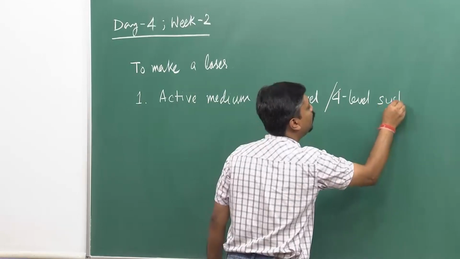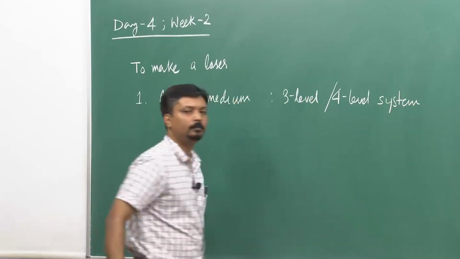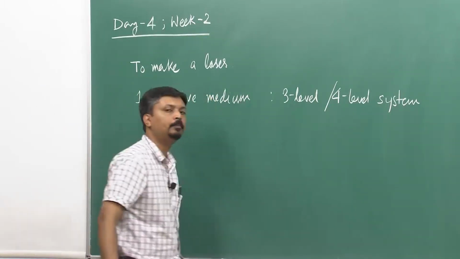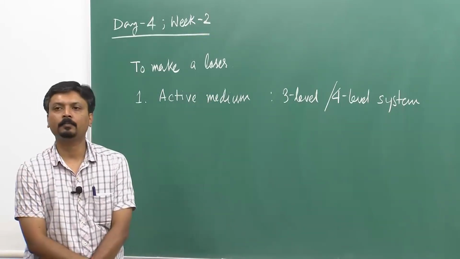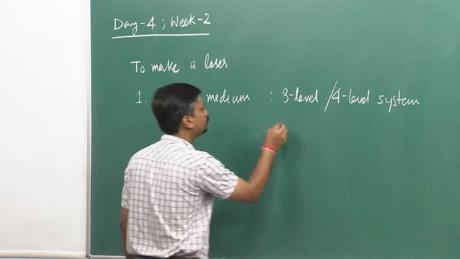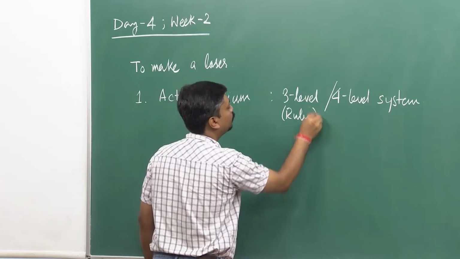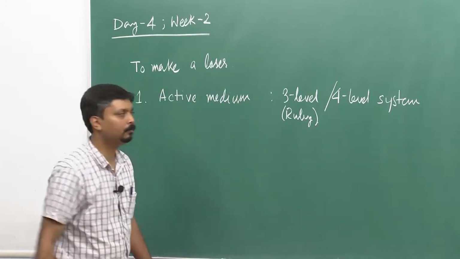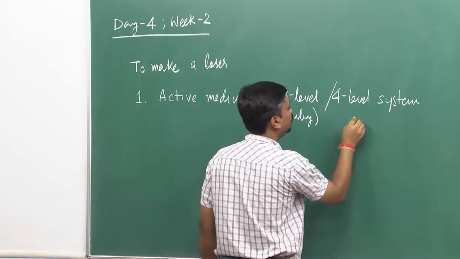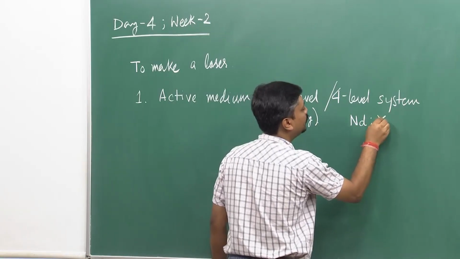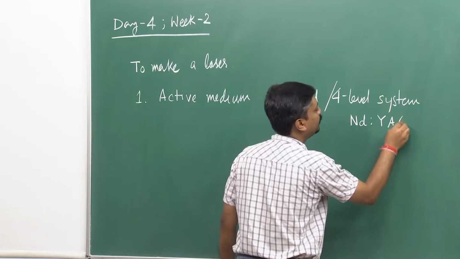And when we talk about this particular material, as we mentioned, an example of a 3-level system is ruby, and a 4-level system is neodymium doped yttrium aluminum garnet or YAG.